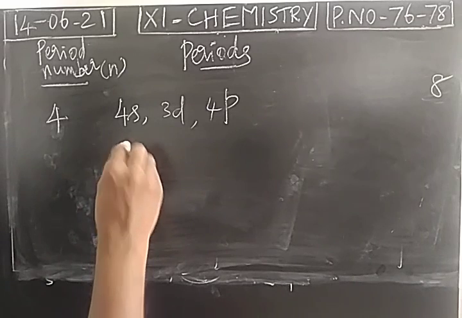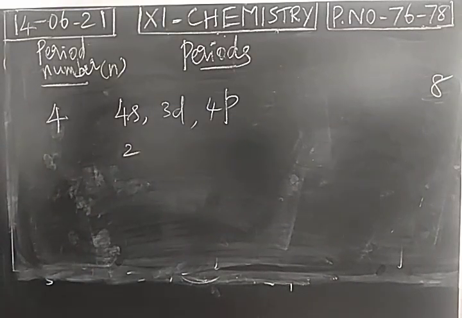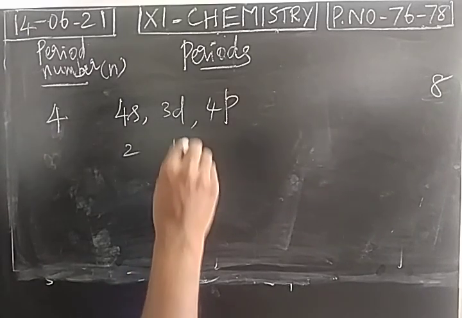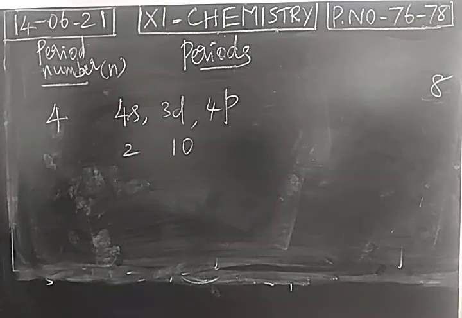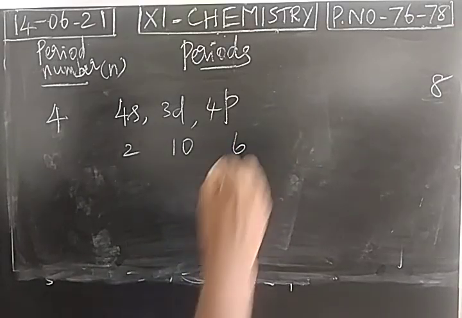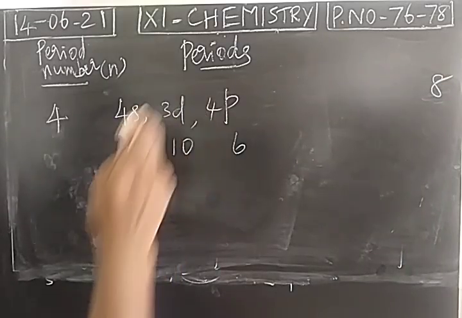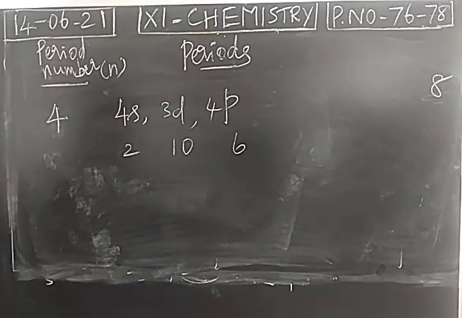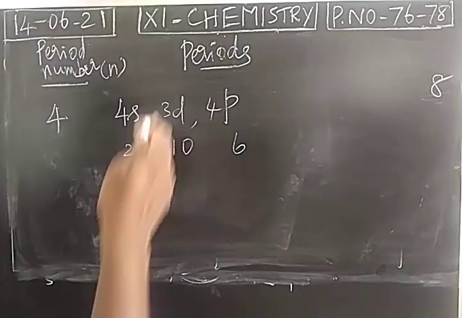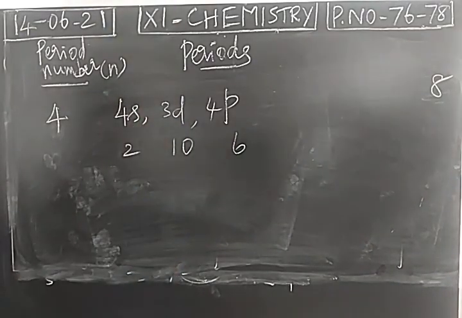The maximum number of electrons in the s orbital is 2, in the d orbital is 10, and in the p orbital is 6. We know that there are 5 types of d orbitals, and each d orbital accommodates 2 electrons, so totally 10 electrons can be placed in the 3d orbital.